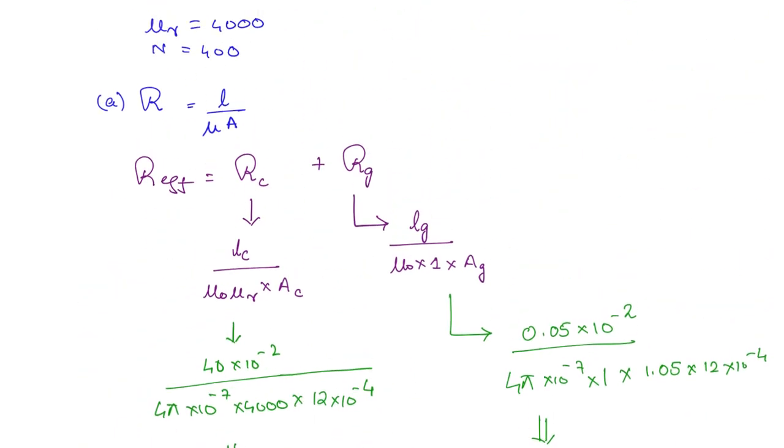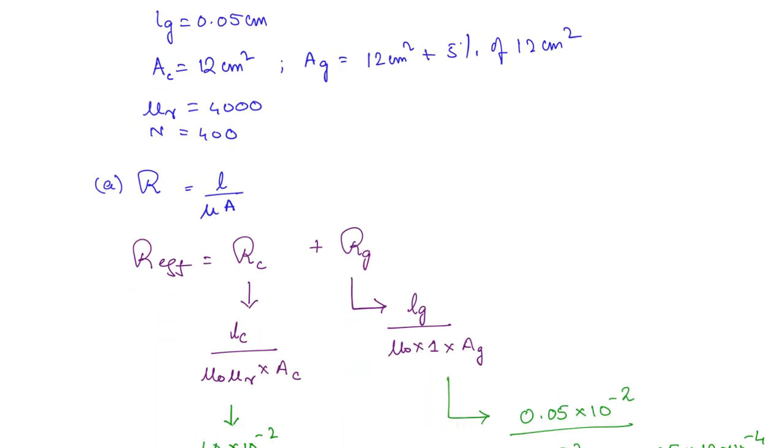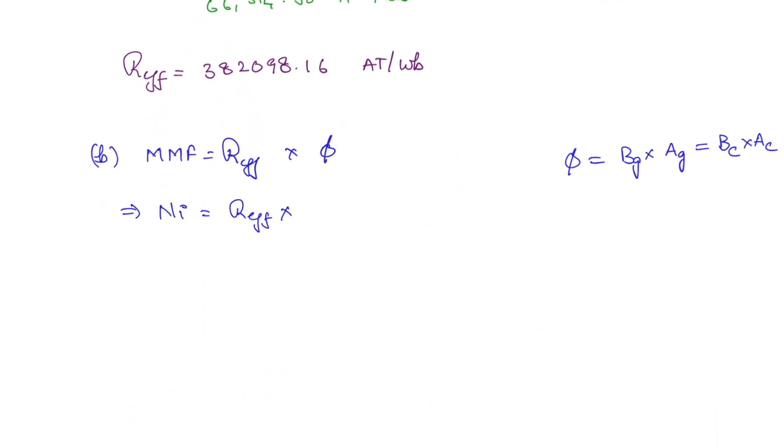But in the question what is given, you have to see: flux density of 0.5 Tesla in the air gap. So for the area of cross section also we will take the air gap. So here phi is written as Bg into Ag. N is anyways known, it is 400 turns. I we have to find out.